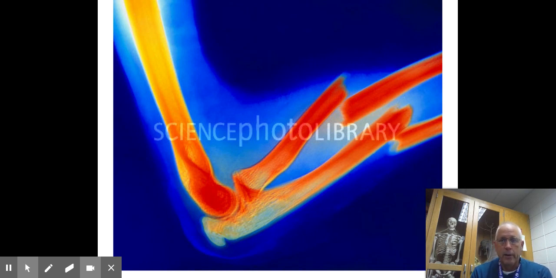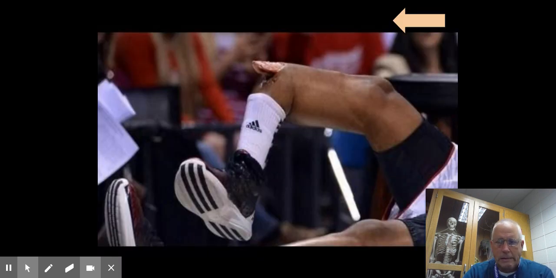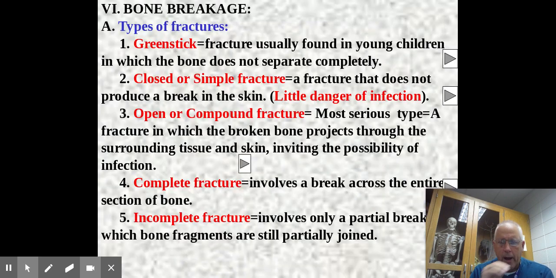I'm going to show you why, and I'm not going to leave it on screen very long. It's pretty gory, but his bone literally broke and came through his skin. There you go. Nasty. Actually, not the femur, actually the lower leg. So that is one that we would worry about because now that skin is vulnerable to infection.